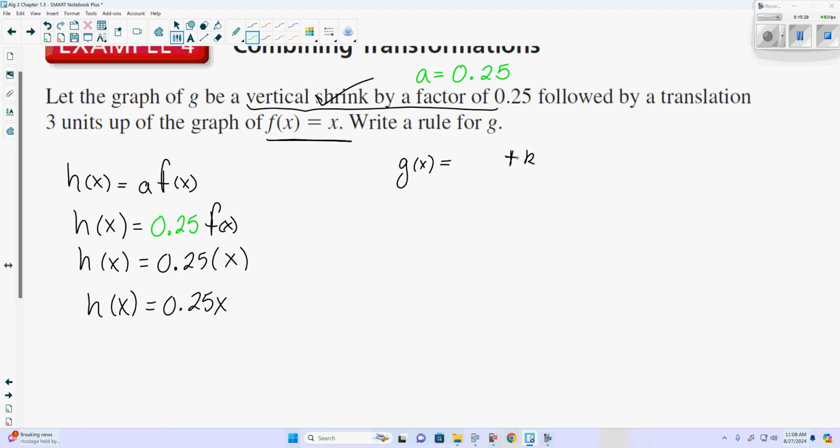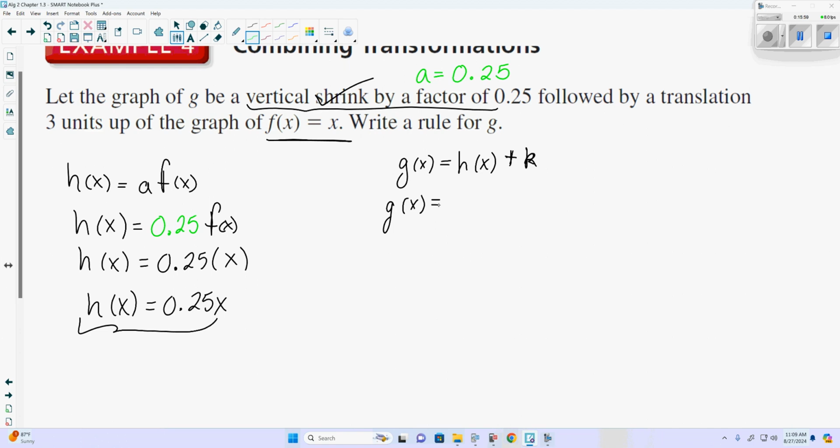Our k would be 3, but we're not applying it to f of x anymore. What are we applying it to? For us, we named it what? We can say g of x is equal to h of x plus k. Okay, so then we put g of x equals 0.5x plus 3. Yes.